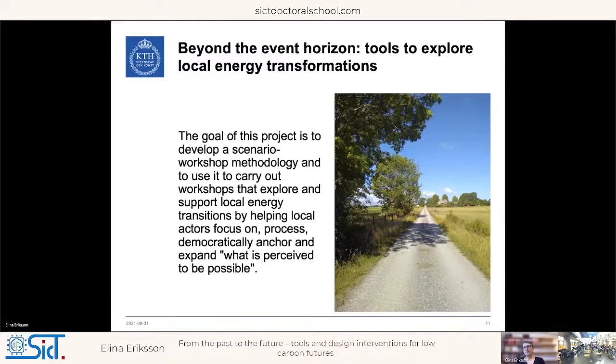Our goal is to expand what these people see as possible, not necessarily to come up with new innovations, but rather to spark and give seeds to seeing new possibilities, and also to support network building, since this is something that concerned citizens can use to invite local enterprises, the municipality, regional civil servants, etc., to start working on what we can do locally.